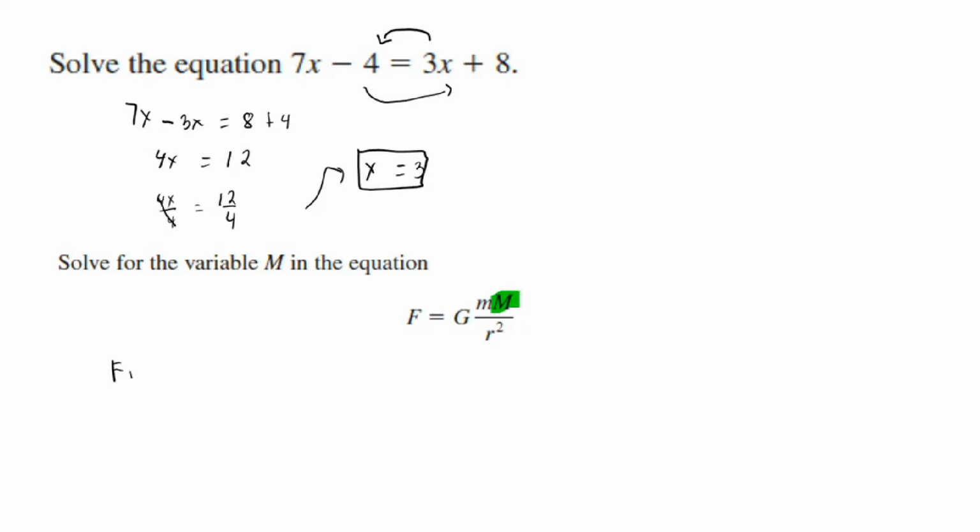So we have fr squared is equal to g times uppercase M. So we want to solve for M, but I have a coefficient of g and M. Therefore, I'm going to divide both sides by g and M. So this one will be cancelled. So therefore, M is equal to fr squared over gM. So this is now the answer for that example.